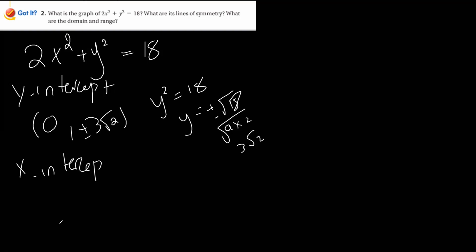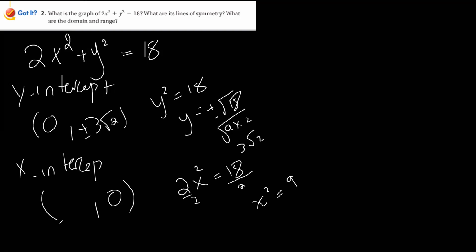Now, x-intercept, that means y is 0. If y is 0, 2x squared equal 18, divide by 2, so x squared equal 9. So x will be what? Positive negative 3. Thank you.